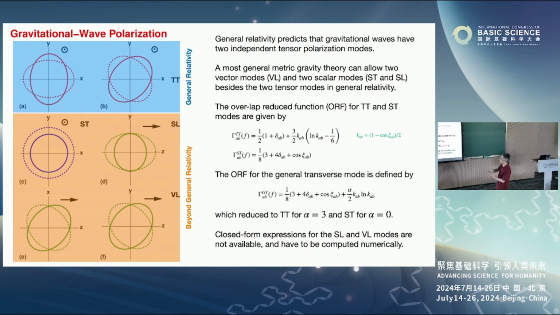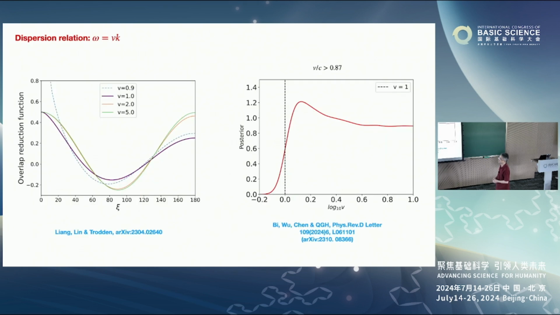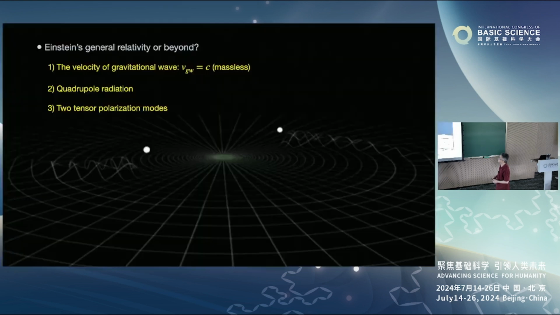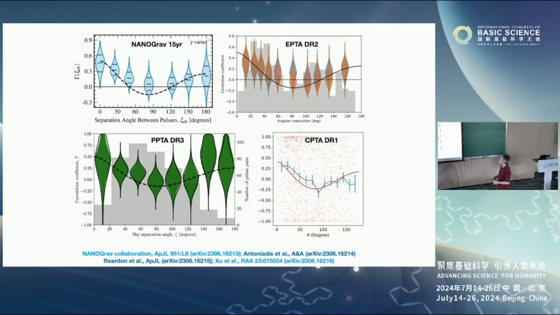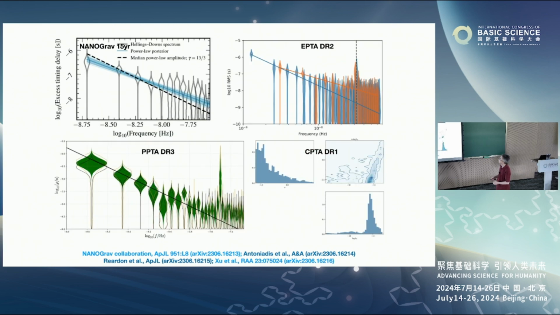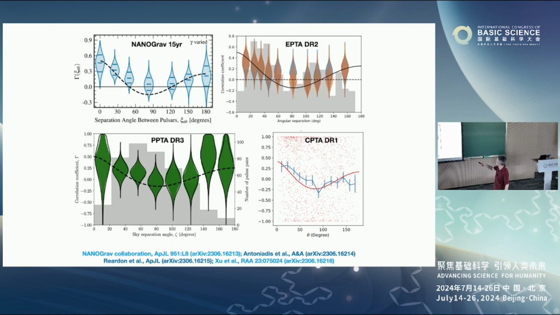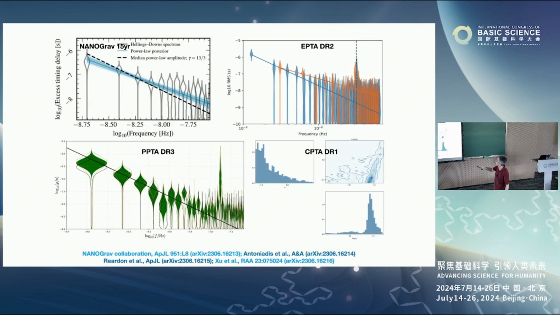This signal exists at different frequencies. Sorry, I'm not talking about the polarization, I'm talking about the earlier result. Yes, right. In particular, you're saying the result only shows up at a certain frequency. For NANOGrav, no. For the CPTA result, yes, the result only shows up at one specific frequency.